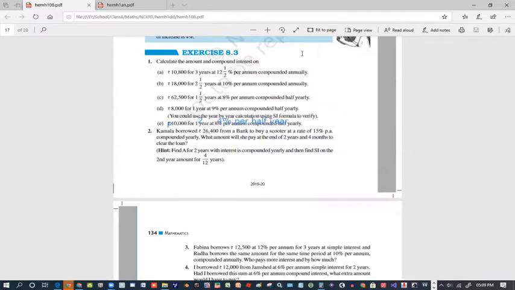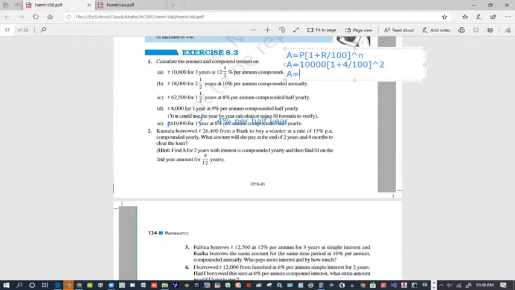So very easy. Same formula again. A equals to P, 1 plus R by 100 to the power N. I am doing it, you can verify, but keep doing. A equals to 10,000, 1 plus 4 by 100 to the power 2.